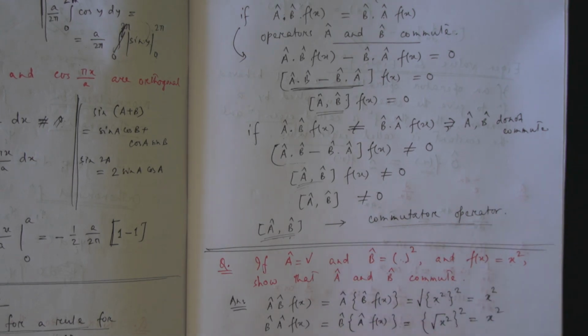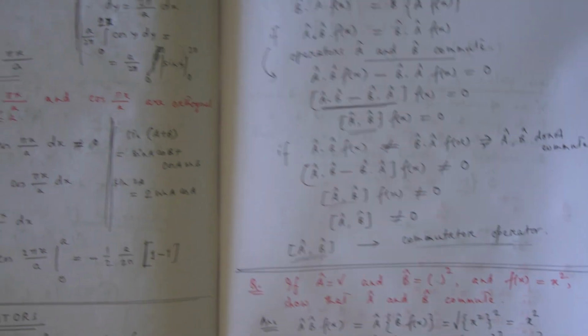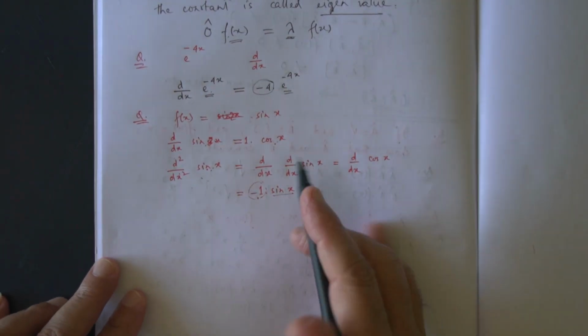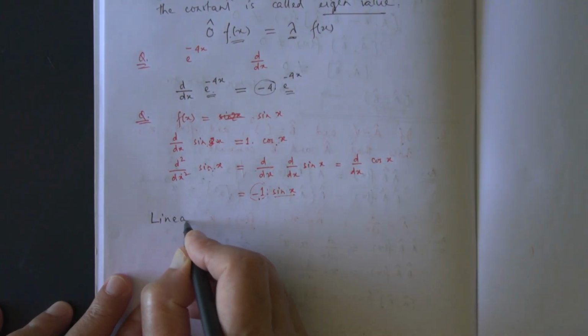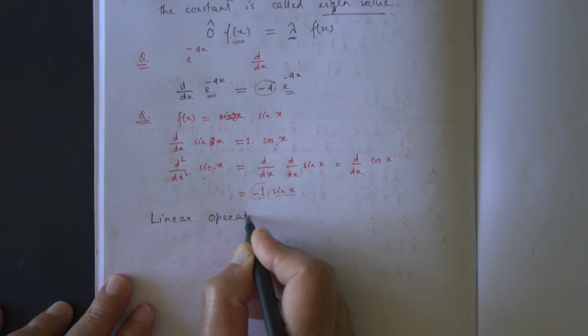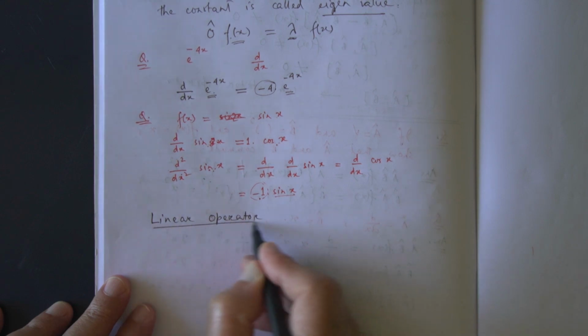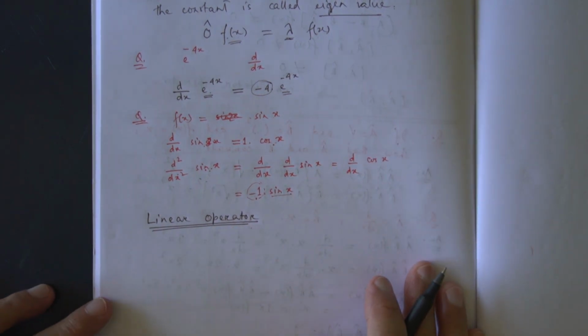Now there is another type of operator which is called linear operator. So what is a linear operator?